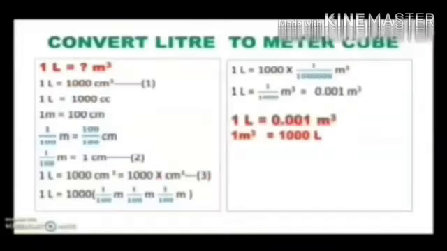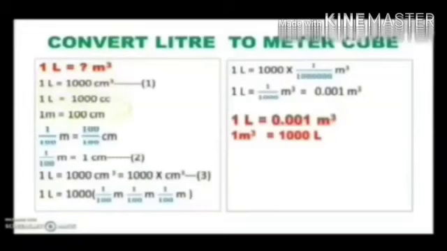Let us look into conversion of 1 liter to meter cube. The basic relation between liter and centimeter cube is 1 liter equals 1000 centimeter cube. We can use the term cc, which means centimeter cube. 1 liter equals 1000 cc.